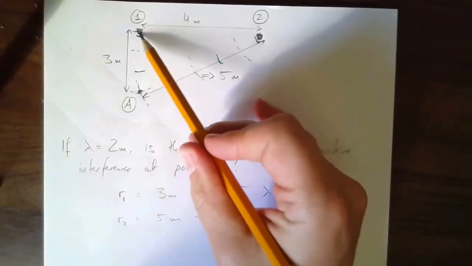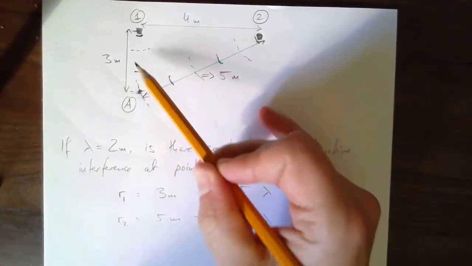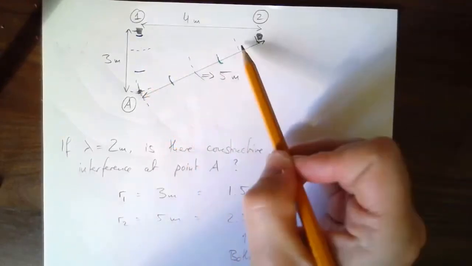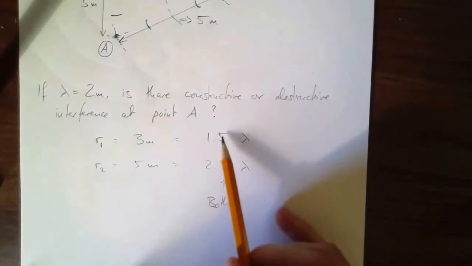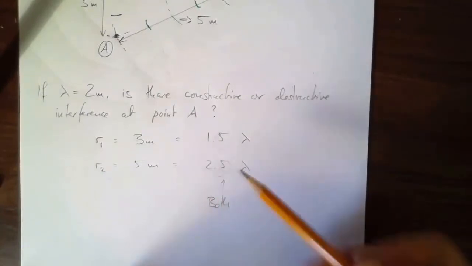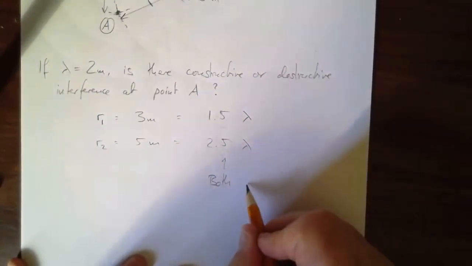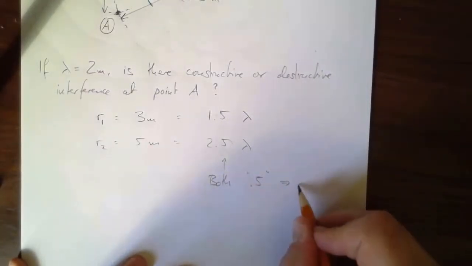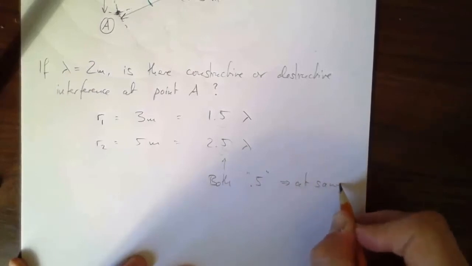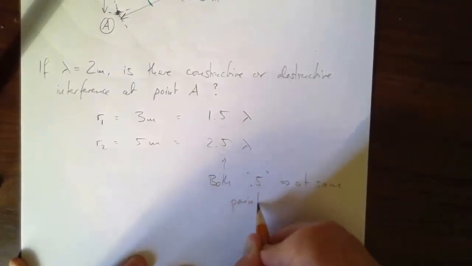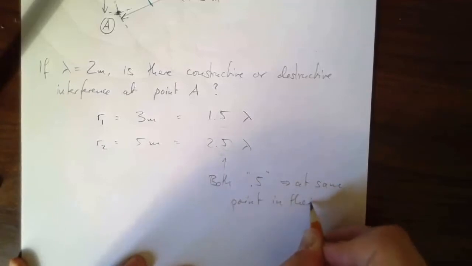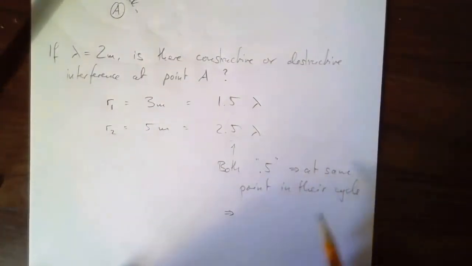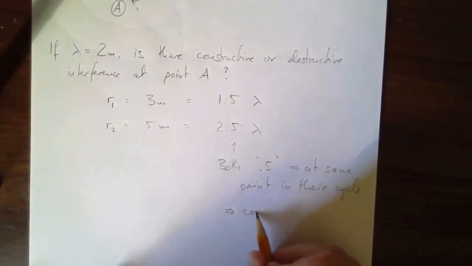So the crests or troughs that meet here weren't produced at the same time. But because it's both 0.5, they're at the same point in their cycle. Right, so that means they interfere constructively.